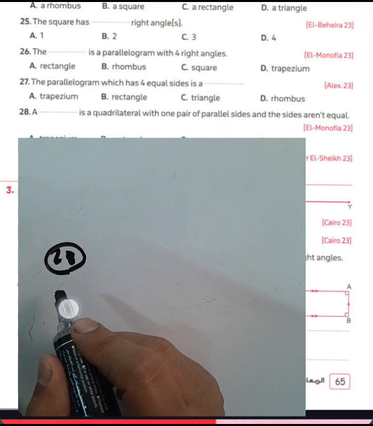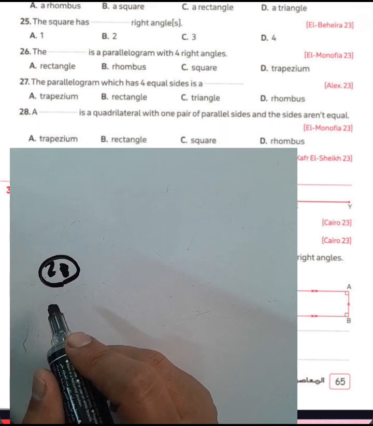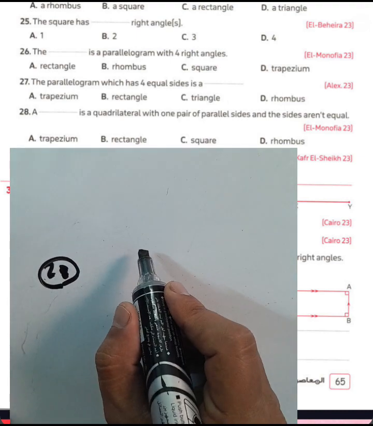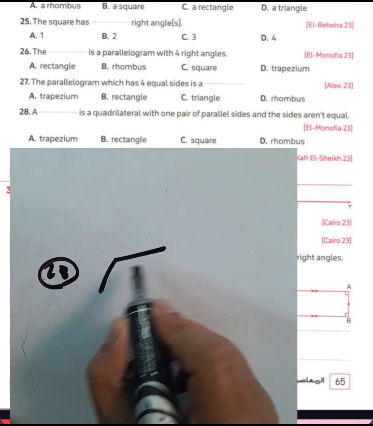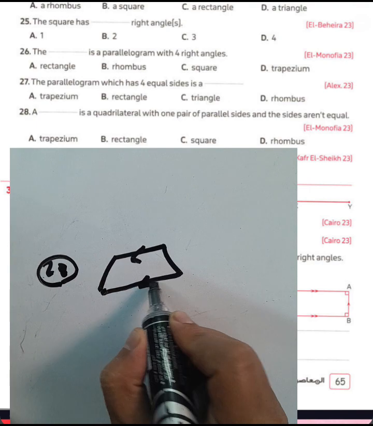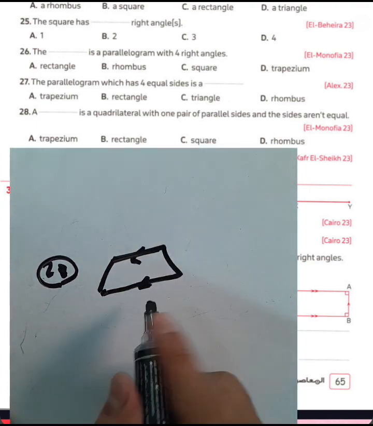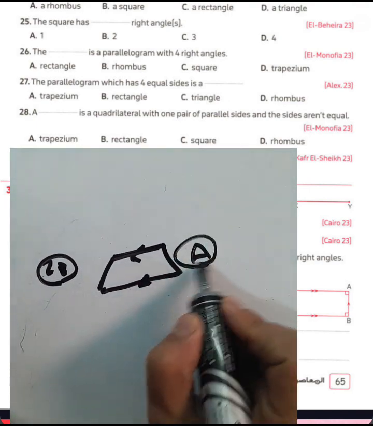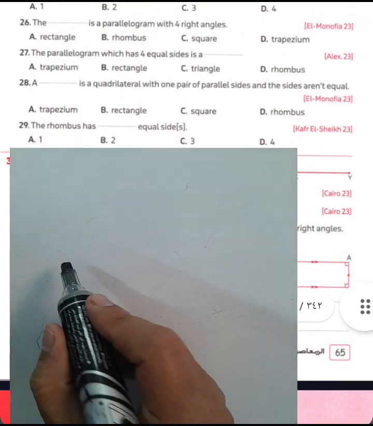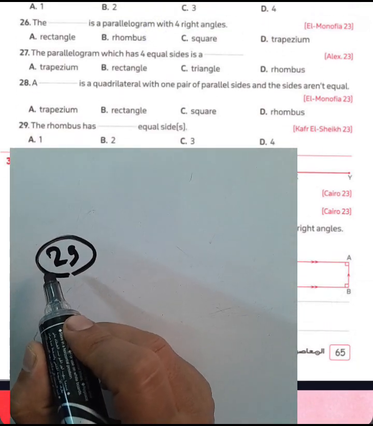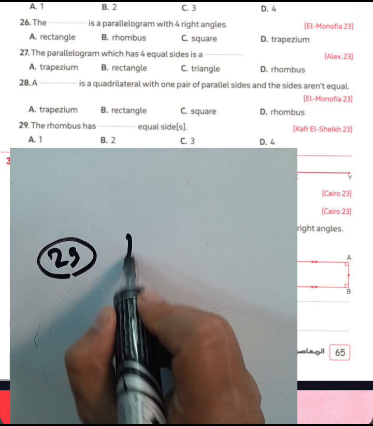We have what? Choose the trapezium: a quadrilateral with one pair of parallel sides and sides that aren't equal, such as this. We have 2 sides parallel and not equal in length. The trapezium. Choose letter E. Question 29. The rhombus has 4 equal sides.